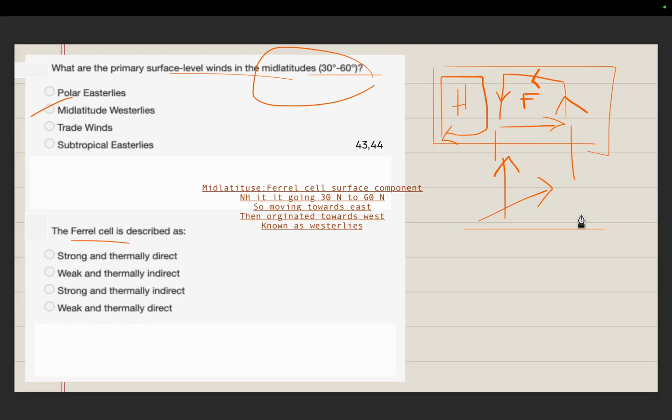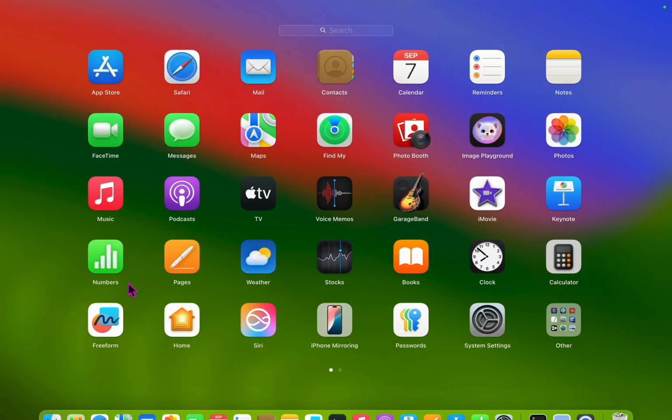Here the cold air moves up and the warm air sinks down, and it is a thermally indirect flow. So this is called weak and thermally indirect. Question 44, option B is correct.